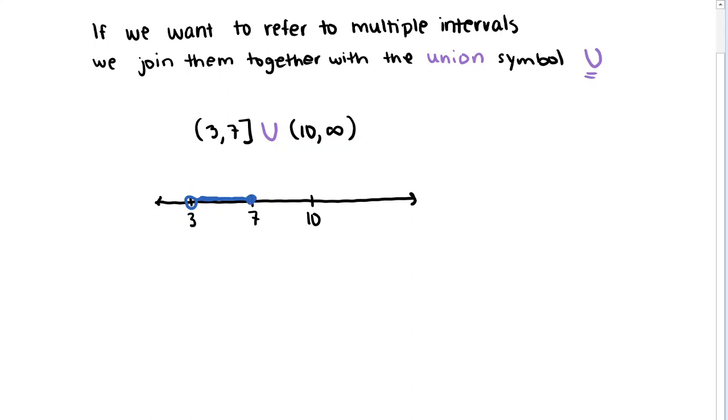And then we have a space, we're not including the values between 7 and 10. They're not included in either of these intervals. And then we'll not include 10, but everything larger than that we want to consider. It's being described by this interval notation. So that's this corresponding set of plotted points on our number line that correspond to this pair of intervals joined together.